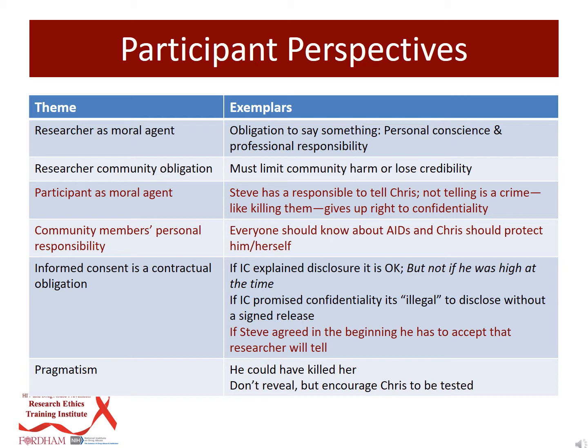It's Chris's responsibility to ask Steve or to use a condom or whatever it is. I thought that was very interesting, because in ethics before this, everybody always talked about people who are considered vulnerable as vulnerable in everything and not having moral agency themselves. And here I think there was a lot of moral agency that was communicated.